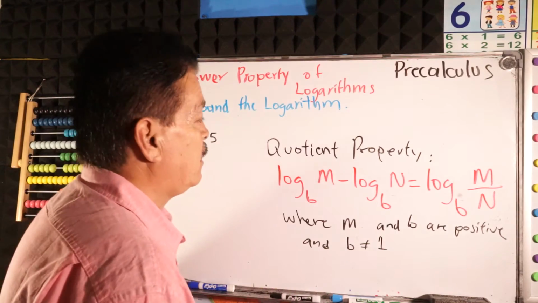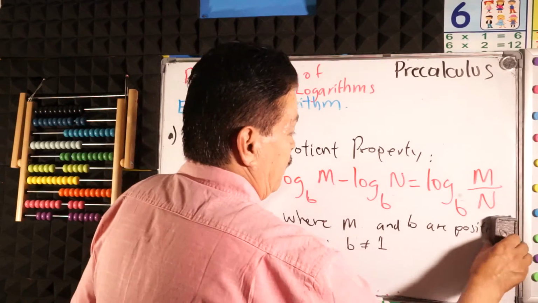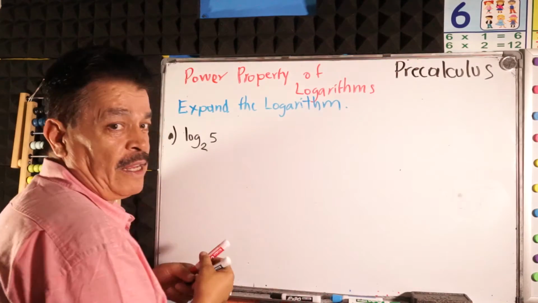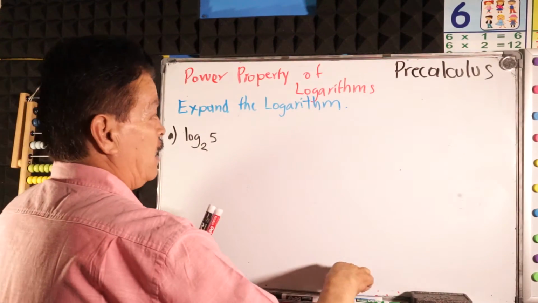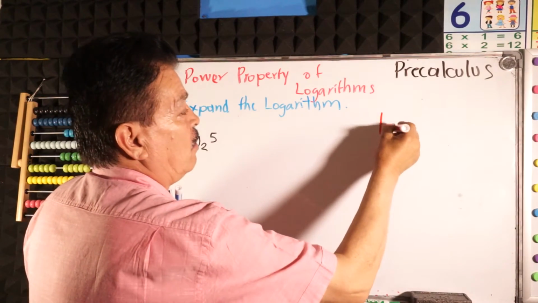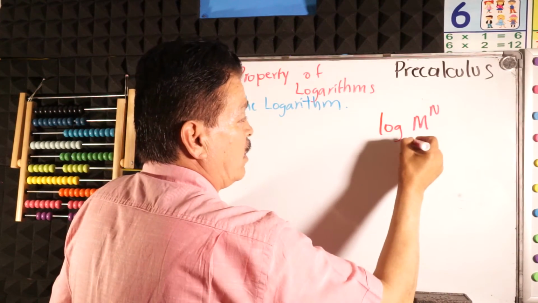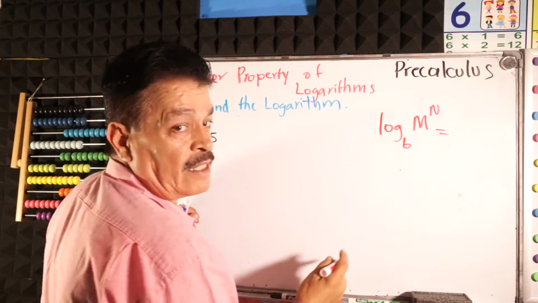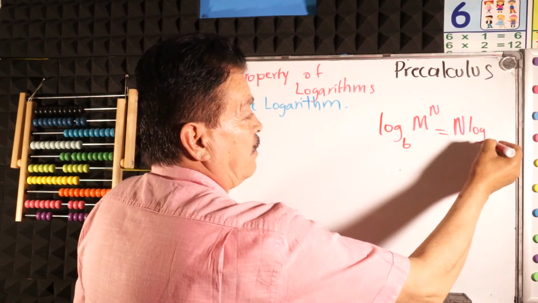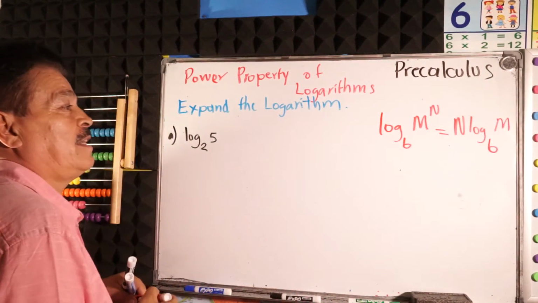So just to remember these kinds of properties before we solve our problem. So these are the rules. In the property, like I told you, I would like to write in the corner this property. It's log of m to the n power with the base b equals n log m with the base b, right?